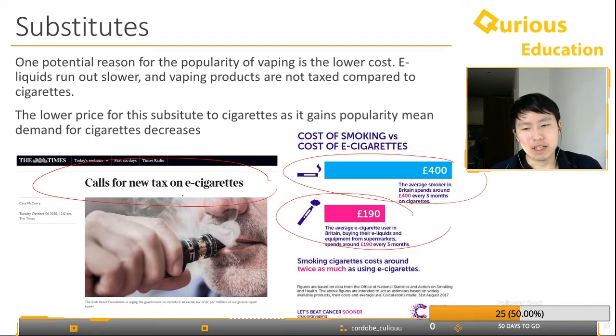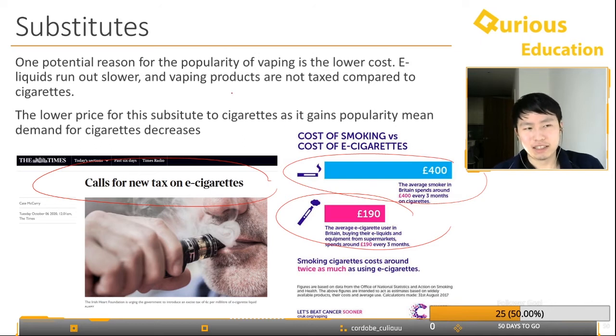However, of course, this is going to make them more expensive, and people might switch back to smoking. And as a result, they might actually have more harmful outcomes, since there might have been more medical problems related to smoking compared to e-cigarettes.